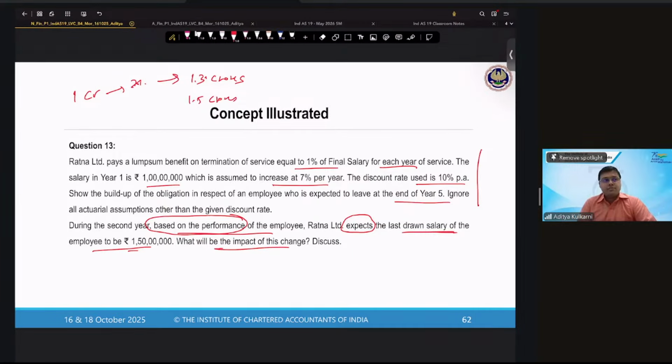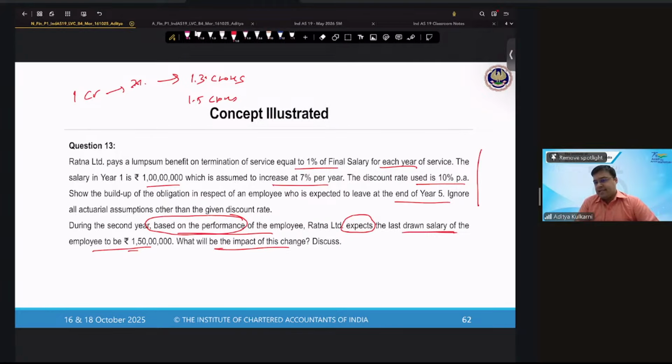Two or three things can happen: inflation rate is moving very high, so your increments should be beyond 7%, or the employee is doing very well. In this case, the employee's market value will be 1.5 crore at the end of 5 years. So is this estimate of his salary a company controlled figure or a market controlled figure? Market controlled figure.